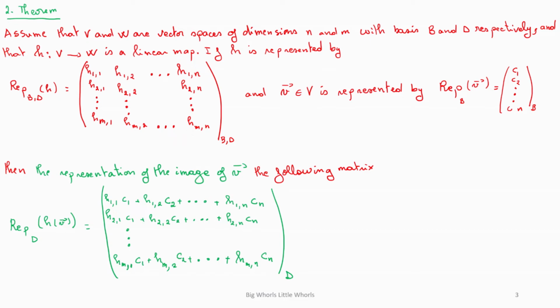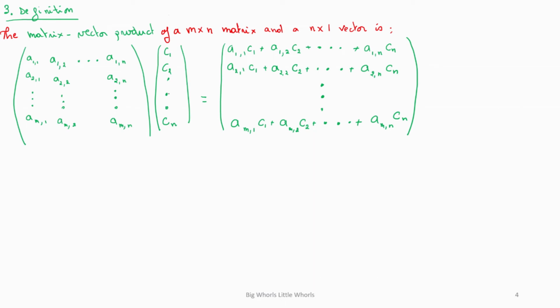We just multiply the representation of V by the matrix representation of the map.